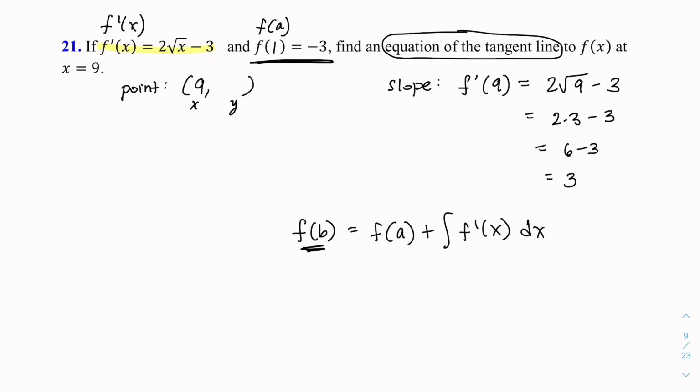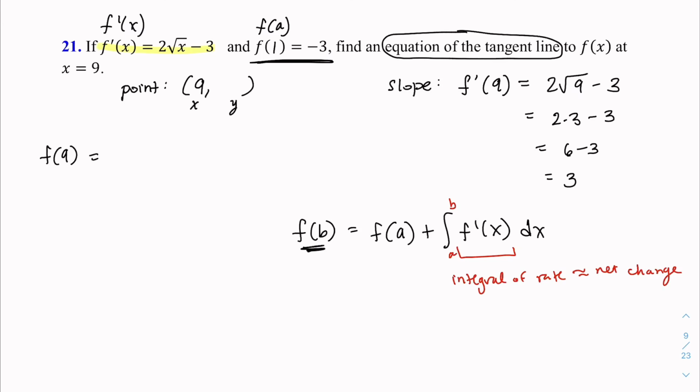And the change is defined as nothing more than just the integral of the rate. That is net change from a to b. So it's always important that your ending point is your upper limit.